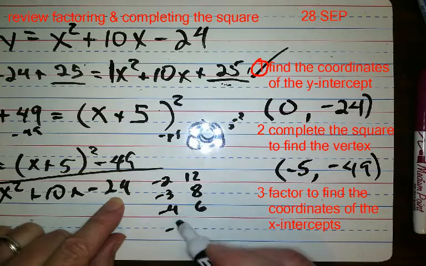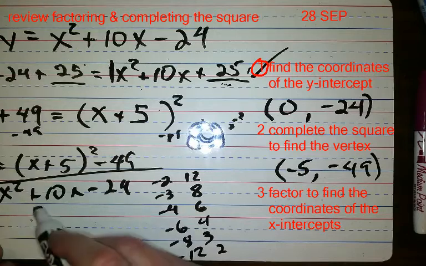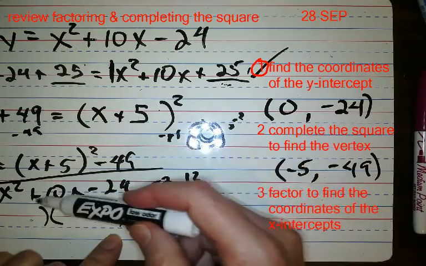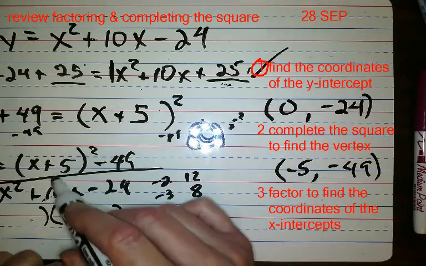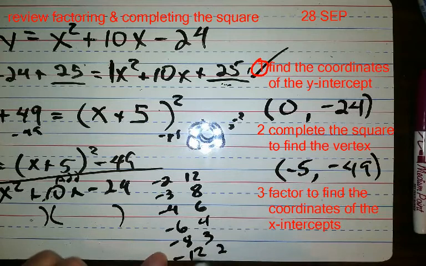And it could keep going: negative 6, positive 4, negative 8, positive 3, negative 12, positive 2, right? So what we're interested in is all the numbers that multiply to be the end and add up to be the middle. Remember, they have to add up. So when I add these two, that's negative 10.